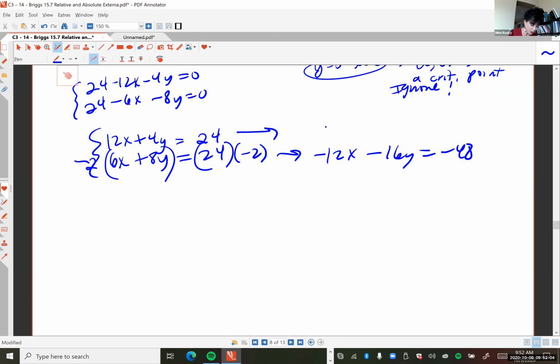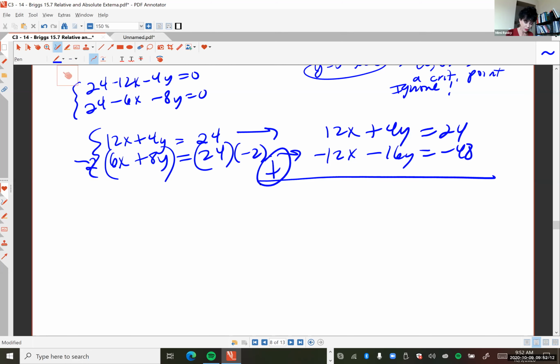And I kept the first equation the same, so I'm just going to copy it down. And then I added these two equations together. You've seen this before, right, folks? Please say yes. And so that allowed me to eliminate the x variable, and that's why they call it the elimination method. And then I can solve for y here. So y is equal to 2.